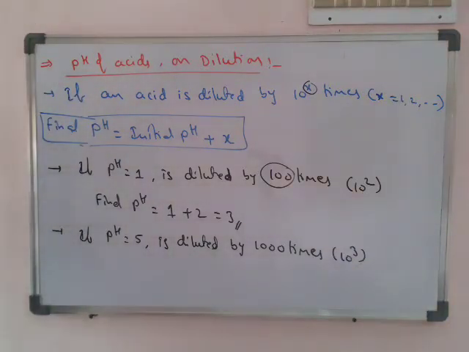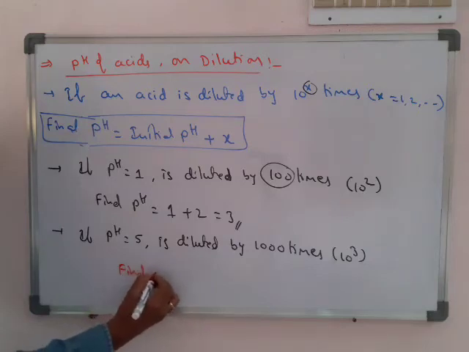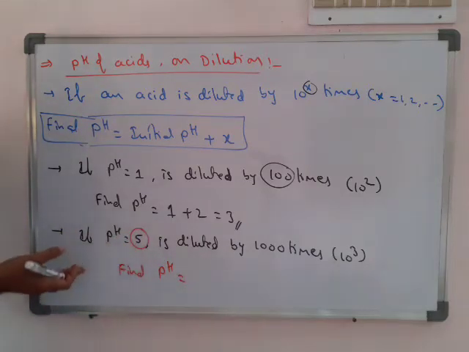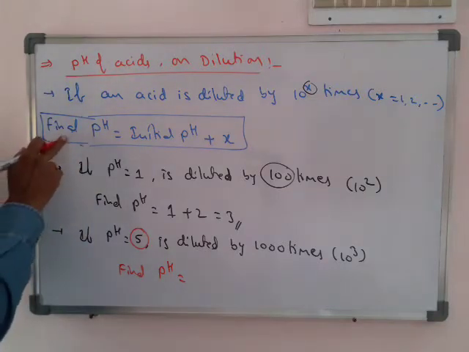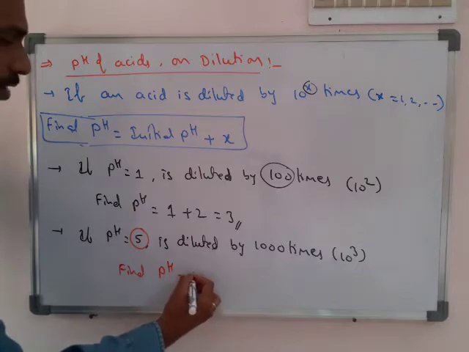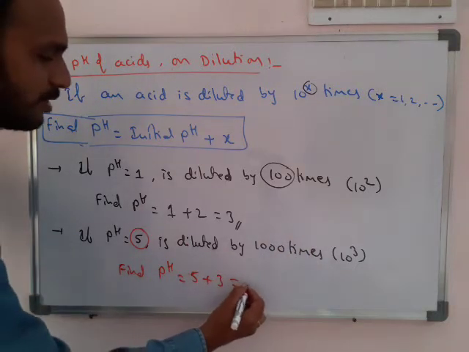So what is the final pH? Final pH equal 5 means it is an acid. For acids, the formula is final pH equals initial plus x. Initial pH was 5 plus x, which is 3, so it becomes 8.